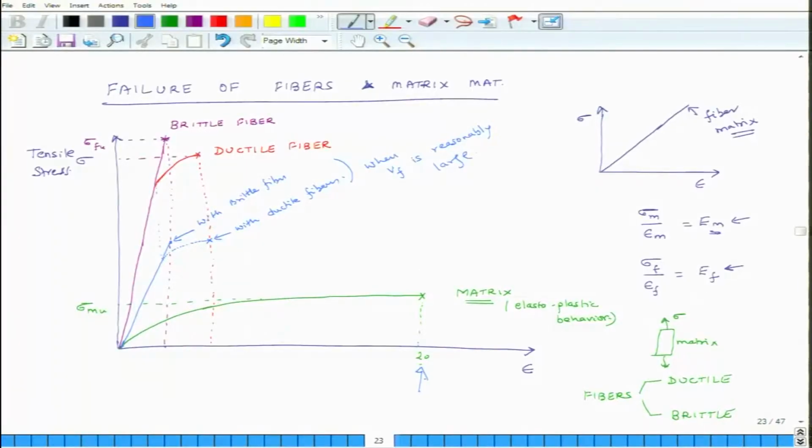So, that 0.1 newton gets shifted to the matrix, and this is not a lot of shift of the load. So, matrix can still handle this extra 0.1 newton of load. So, now I can still keep on stretching it further, and once I reach a certain threshold when the matrix has to fail, which corresponds to this strain value, then at that strain the matrix will fail.